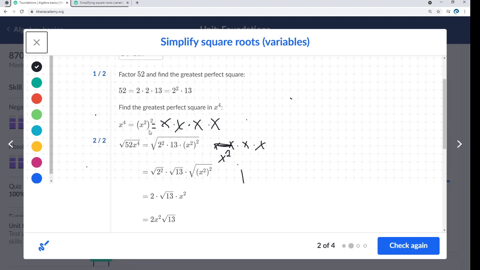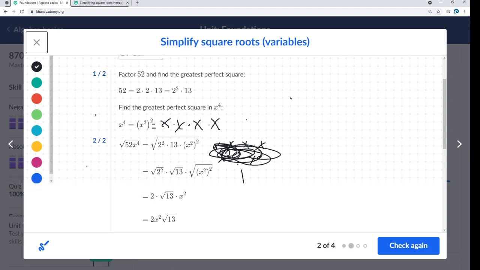Okay. But I think the trick is what Zeg was talking about, which is to take that. So that's x squared. But wouldn't this be x squared as well? I don't know.